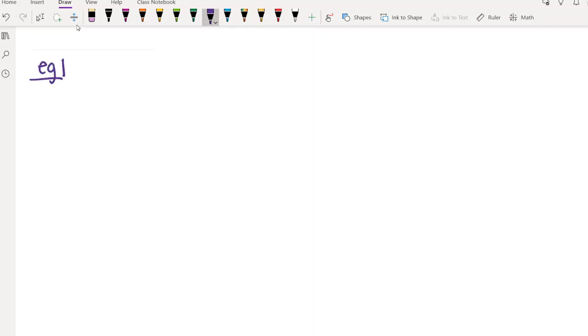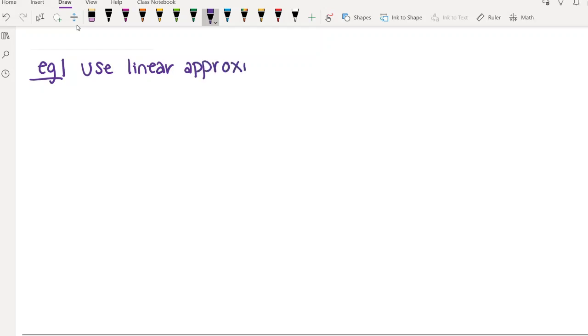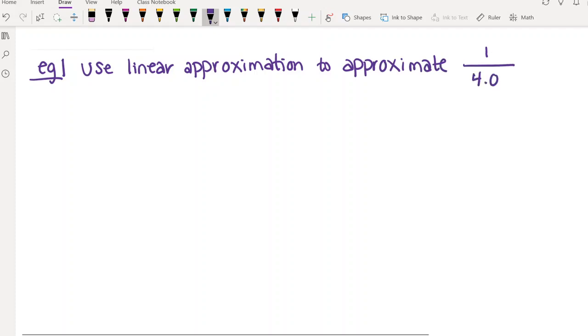So in this example, we want to figure out a way to use linear approximation to approximate 1 divided by 4.02.